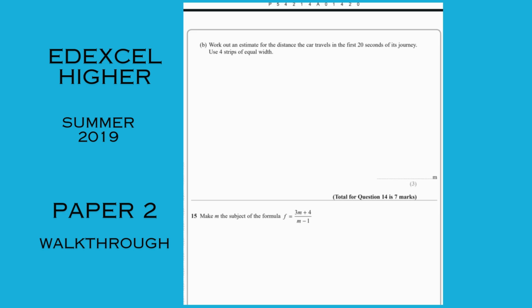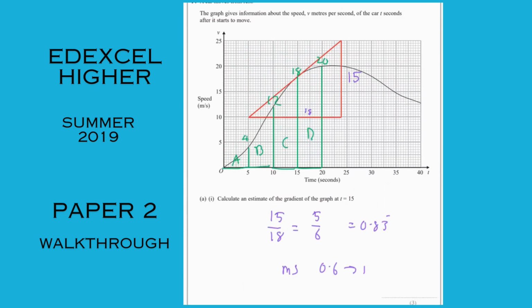So I just simply did A, which was a triangle. It was a half. The base is 5. The height was 4. That gives me 10. B, we're now onto trapeziums. So you have to do a half. Now the parallel sides are added.